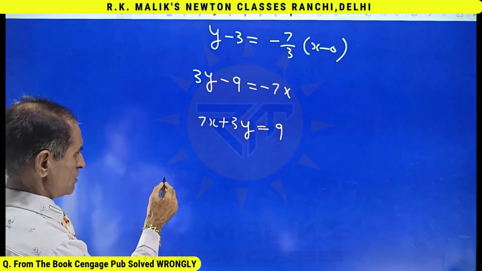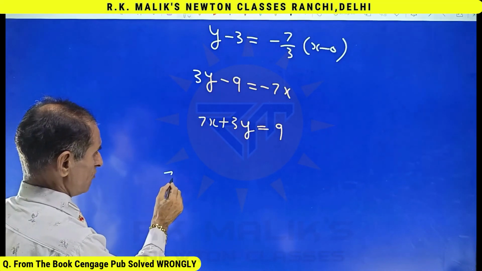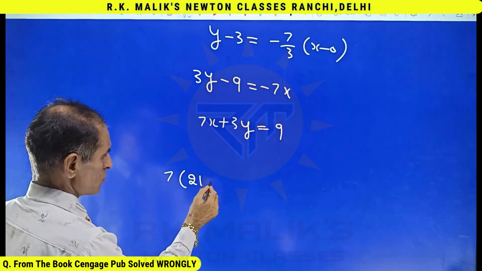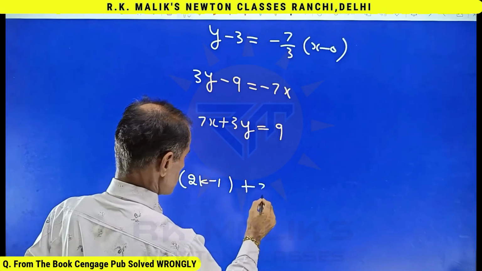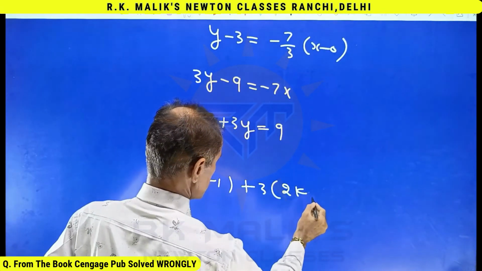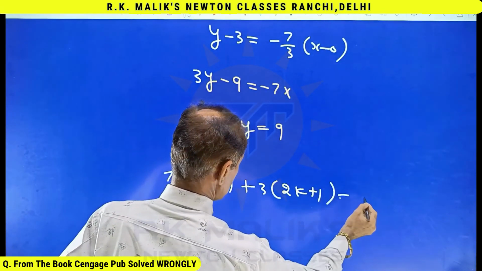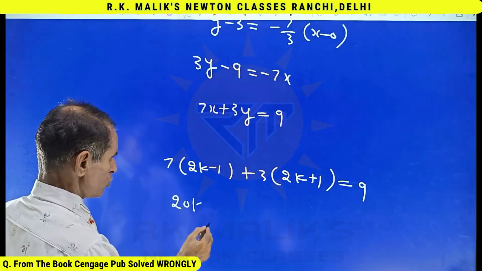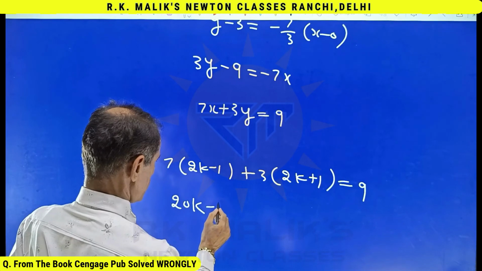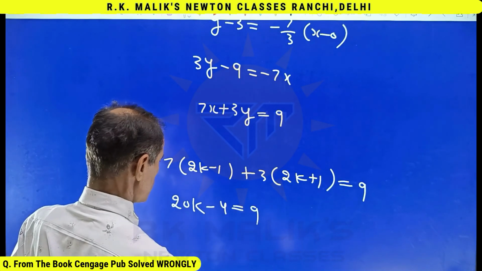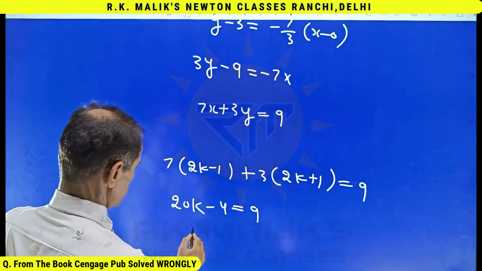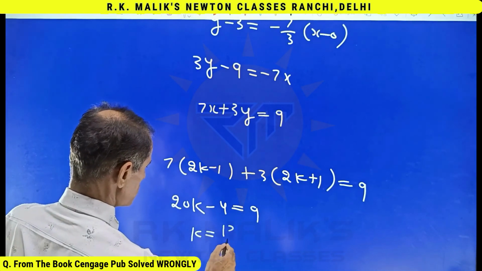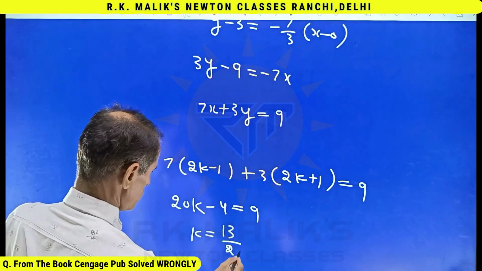That is, I get 20k minus 4 equal to 9. That is, k equal to 13 by 20.